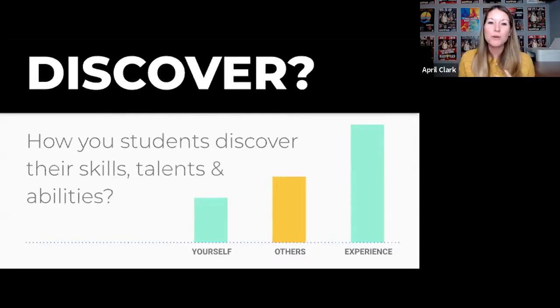And maybe it's through trying different experiences, being in different situations and seeing how you react and how you're able to handle certain situations. Those are the ways that most people discover their own skills and talents and abilities. And those are the same ways that your students can discover their skills, talents, and abilities. So we're going to talk about those things and how you can help them to do some self-discovery.